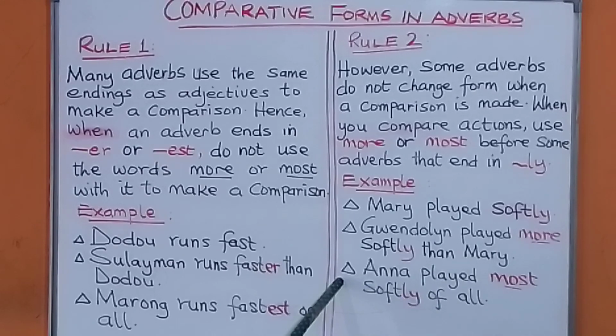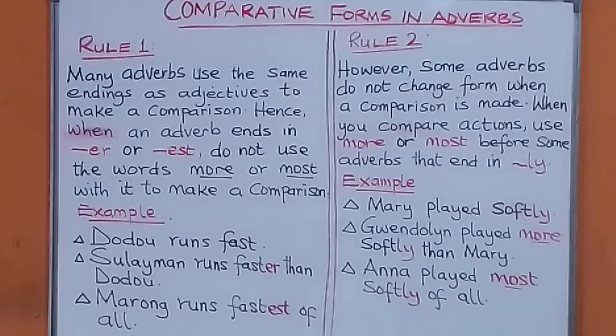However, in the third sentence, who is Anna's playing compared to? What word is used before softly to show the comparison? The word that is used is most. You see how it works.